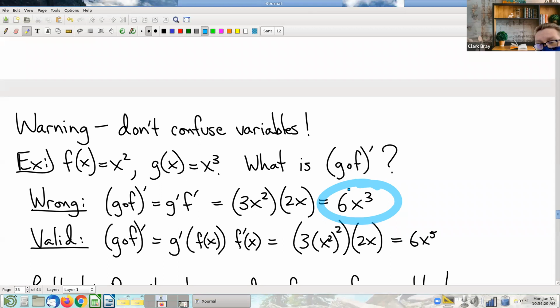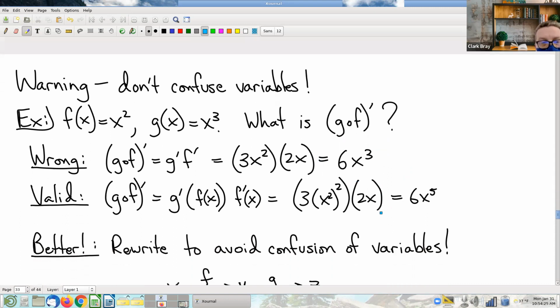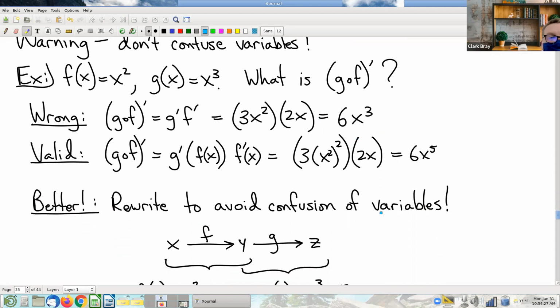So different points of view on what went wrong here. A point of view is that, well, this G prime has to be evaluated at the output value of the other function. And sure, right? So, you can say that the derivative of G is 3 times something squared, right?